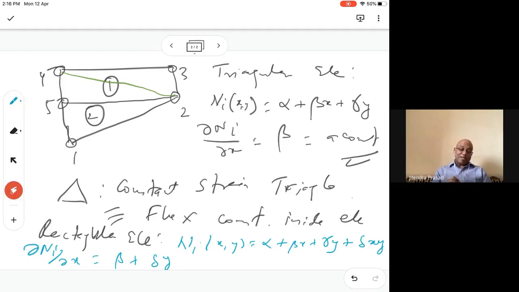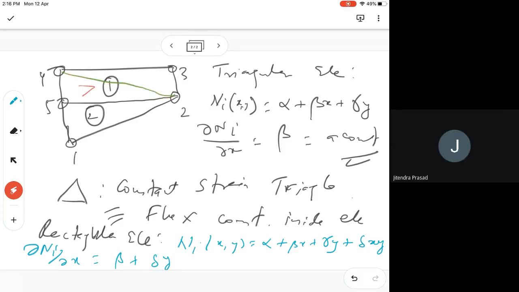So in this case, this may be better, but what is the problem? At this line, if you compare the flux calculated from this side with that calculated from the other side, you will see there is a difference.